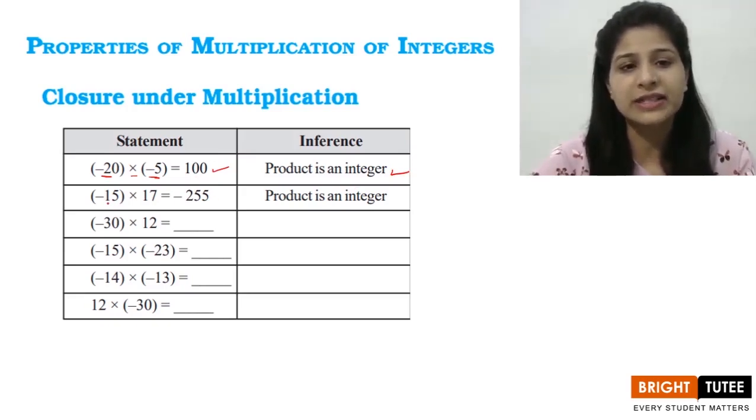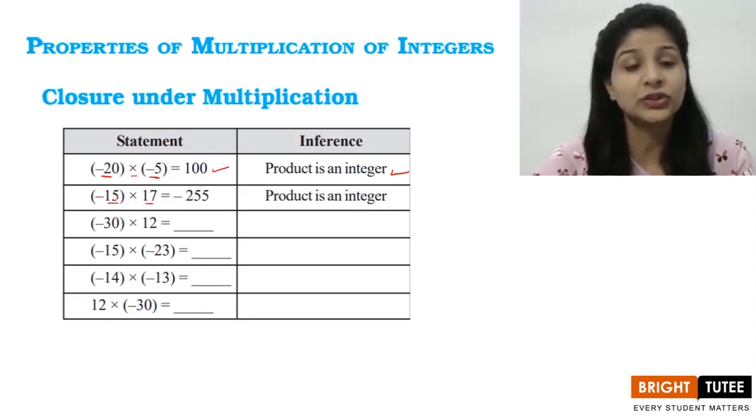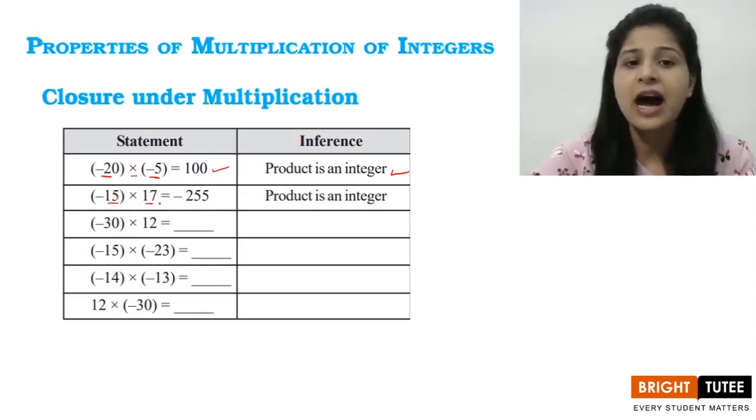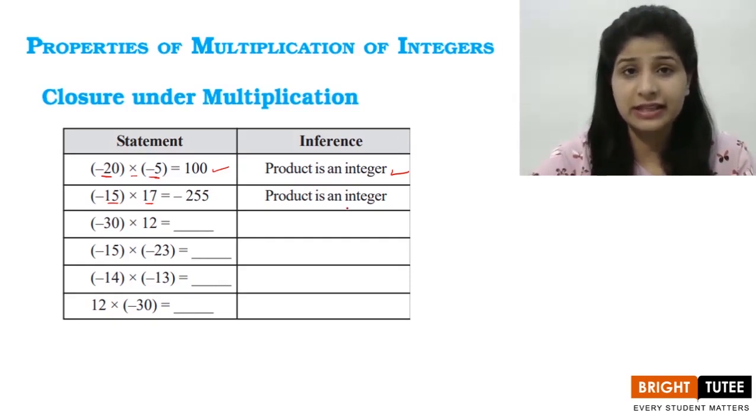Here also when we multiply 15 and 17, the answer is 255, and we are putting a negative sign because here the negative sign is just once. So it is an odd number of times. The answer is coming to be negative. Is this an integer? Yes, it is an integer. Now going to the next one, minus 30 and 12.